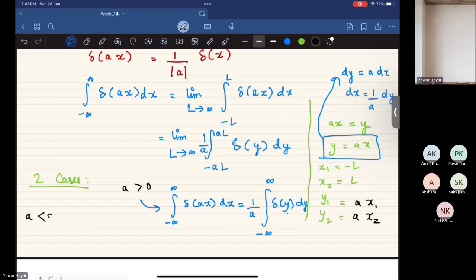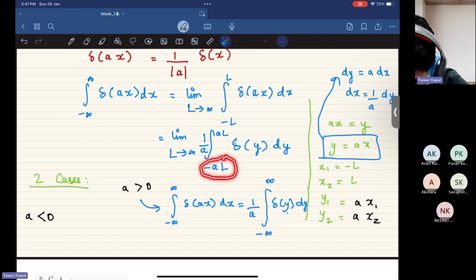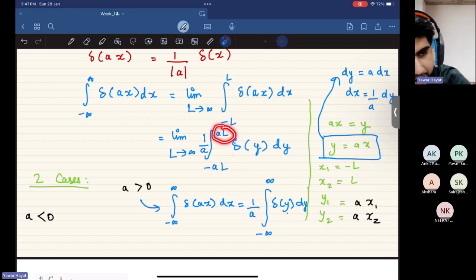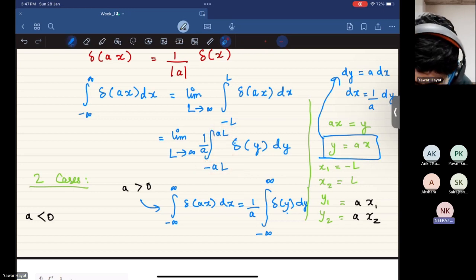Now, another case is when a is less than 0. In that case, what should this limit be when a is less than 0? Plus infinity, sir. Yeah, plus infinity. And the upper limit is minus infinity, right? Yes, sir.